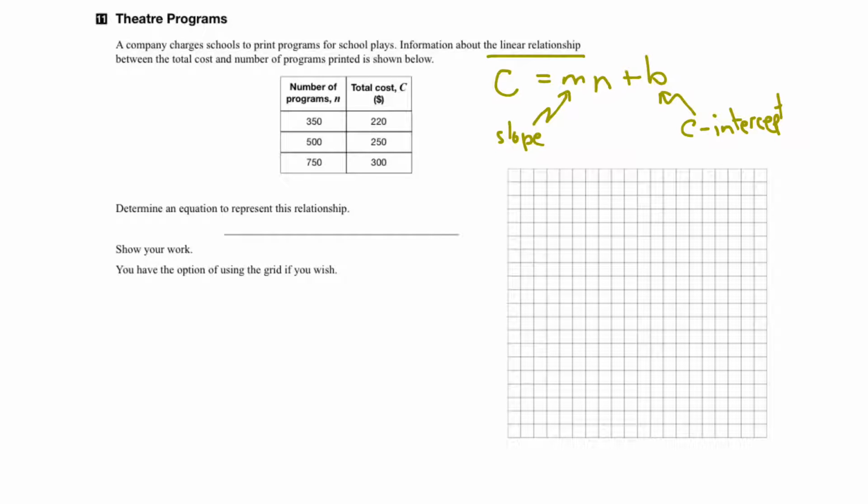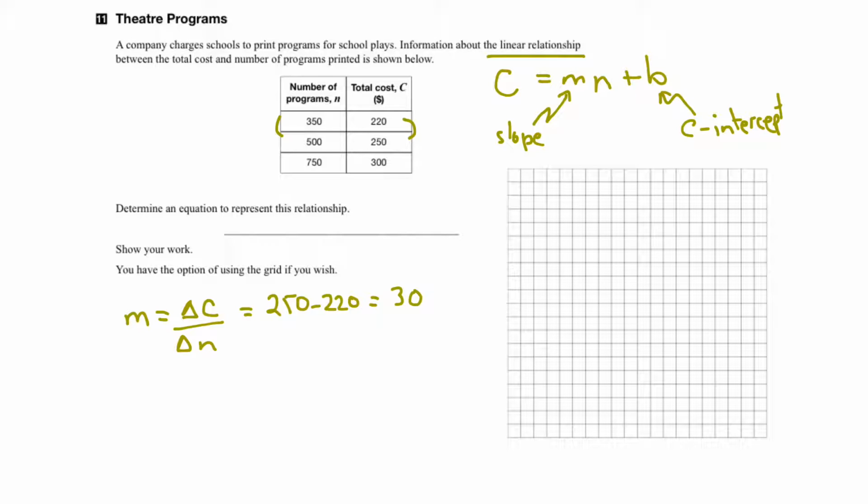Let's solve it first algebraically, and then we'll confirm the answer graphically. Okay, so slope m is a measure of the change in c divided by the change in n. So let's pick a couple of points and look at the difference between the values. So for C, to get from 220 to 250, the difference would be $30.